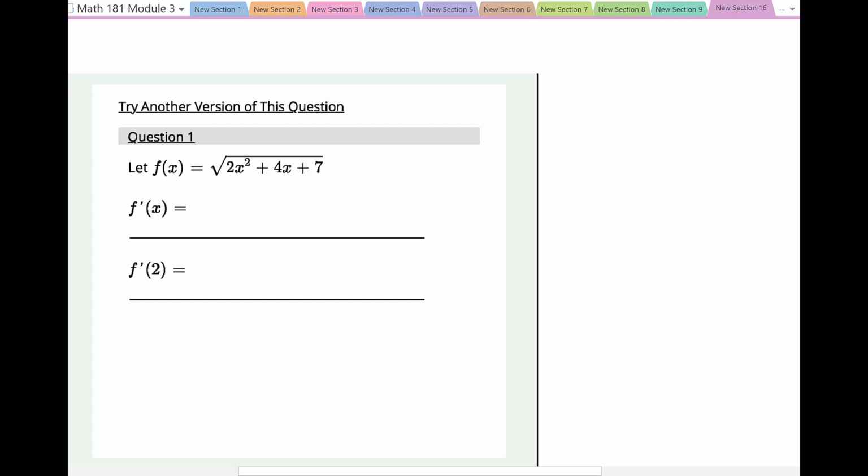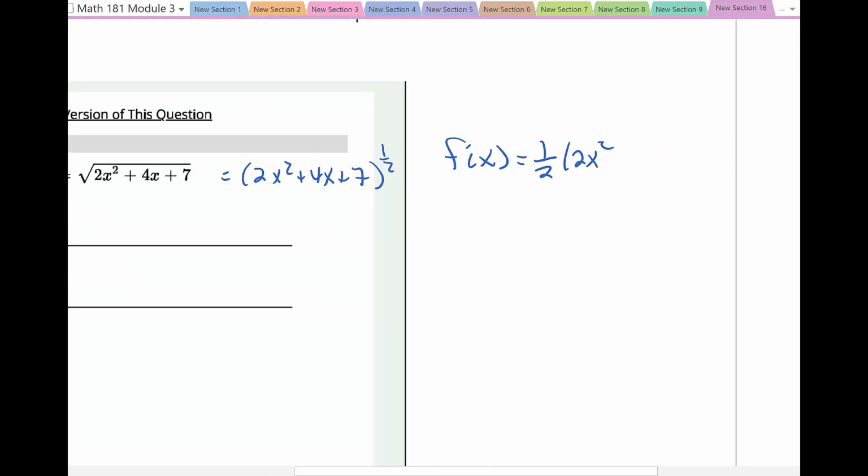I'm going to rewrite this as 2x squared plus 4x plus 7, all to the 1/2 power, so that f prime of x will be 1/2 times 2x squared plus 4x plus 7 to the negative 1/2, since 1/2 minus 1 is negative 1/2, times the derivative of what's inside, so that's 4x plus 4.